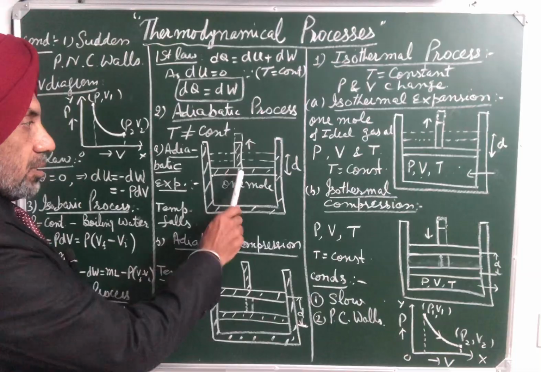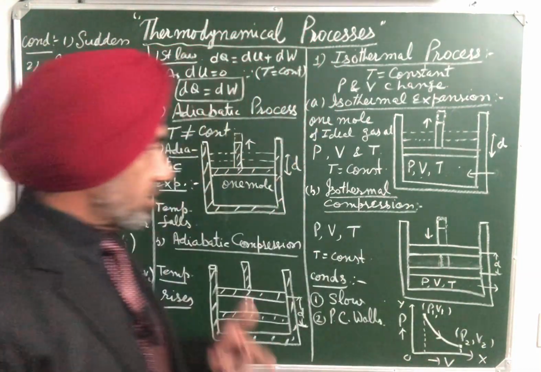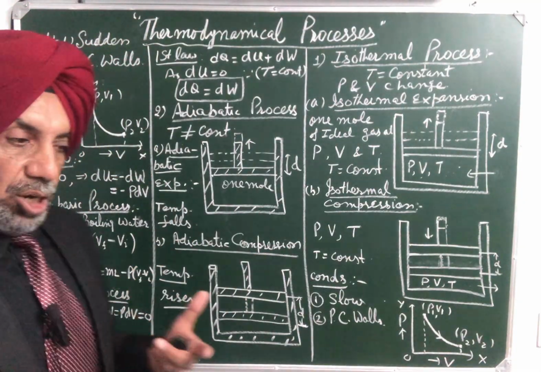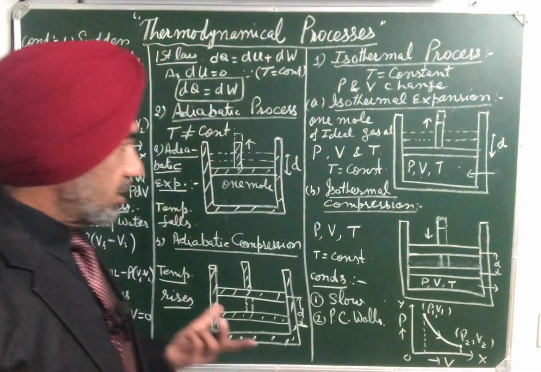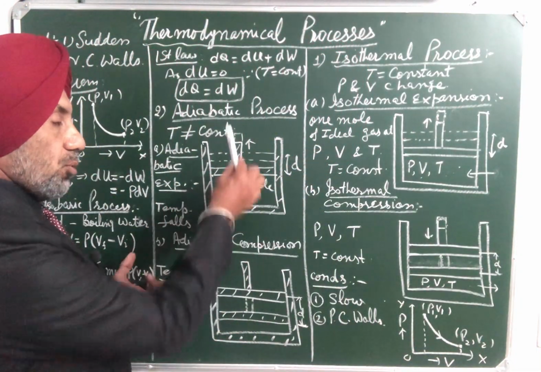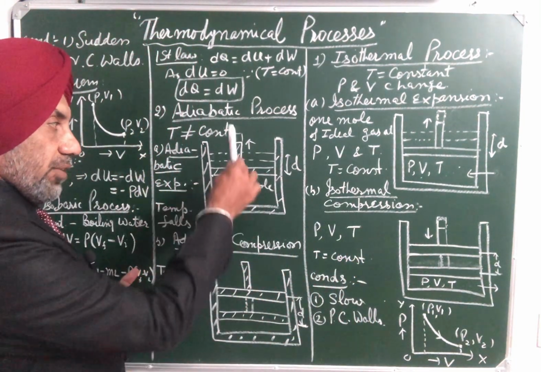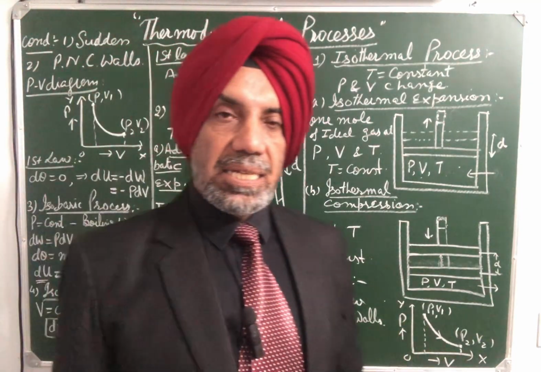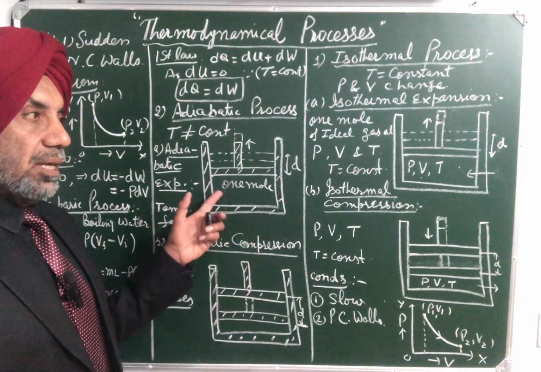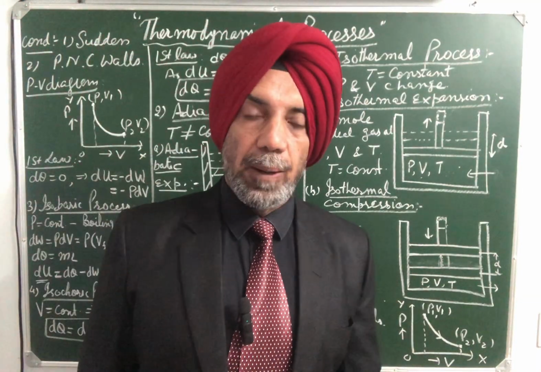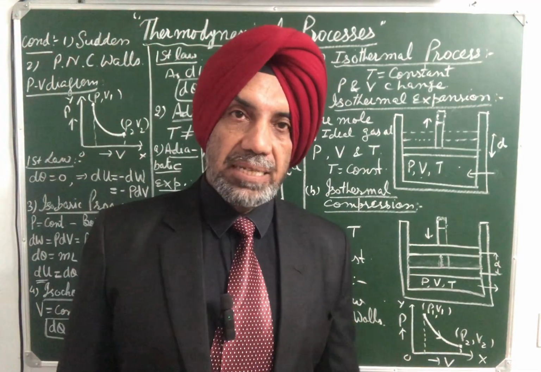Suppose this piston is allowed to rise suddenly, then the volume of the gas will increase, but as it is thermally isolated from the surroundings, the temperature of the gas will decrease. So temperature decreases when gas expands adiabatically.